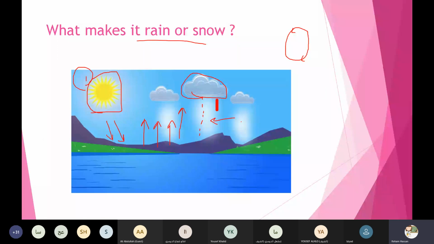Yes, Sanad. Yes, teacher. So Sanad, today we talk about the water cycle.